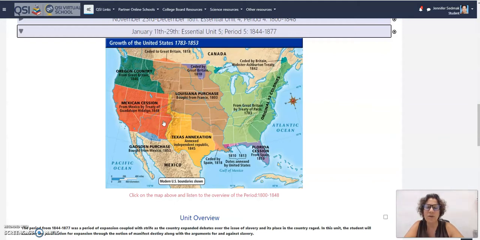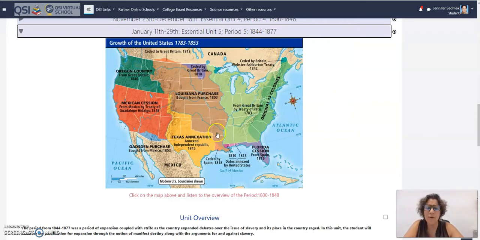And it also dealt with creating a very strong fugitive slave law that Southerners pushed for Northerners to enforce, because during this time period, a significant number of enslaved people were escaping into the North via a network called the Underground Railroad. So we'll get into all of these different topics as we explore this unit or this period in U.S. history from 1844 to 1877.